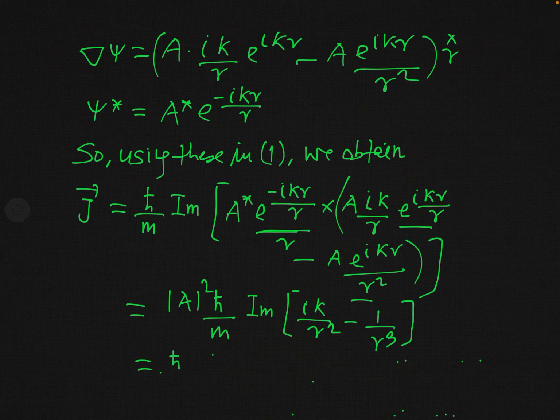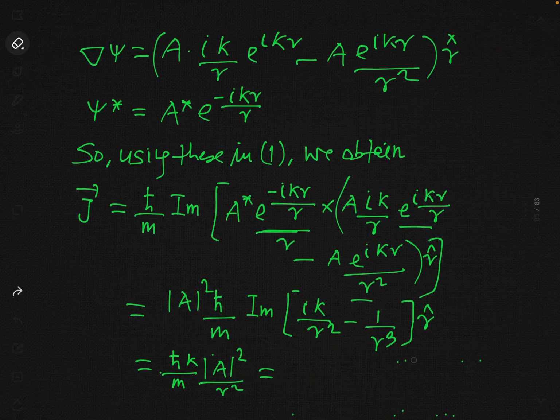And so you can write this expression as h cross, and in fact here there will be also r hat. So this is h cross over m times mod of A square into k over r square.